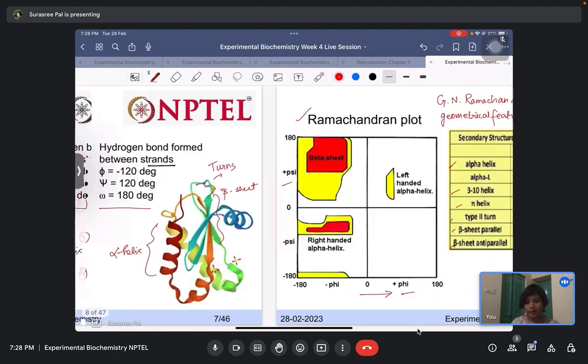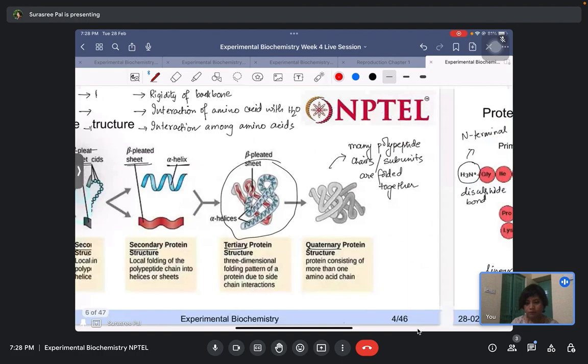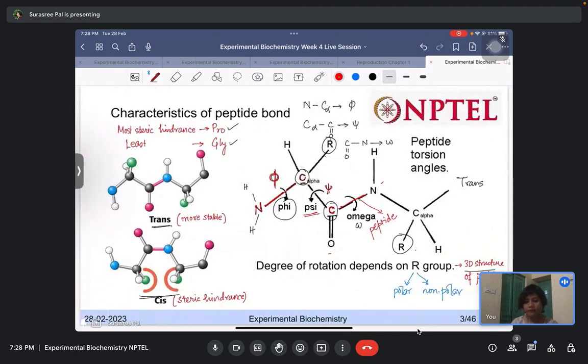So again, going back to it once more, the N to C alpha bond is the phi angle, C alpha to C is the psi angle, and C to N is the omega angle. Is that clear? Okay.